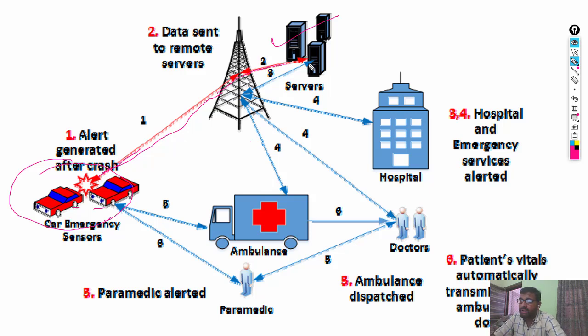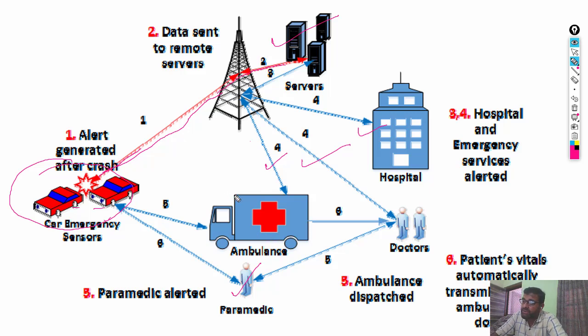There has been an accident. The car sends the data to the wireless server, to the data center server. The data center server automatically sends the message to the hospital, and to the doctor. The data center automatically sends the message to the van, and it also alerts the paramedical staff.